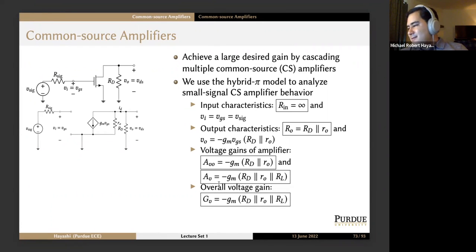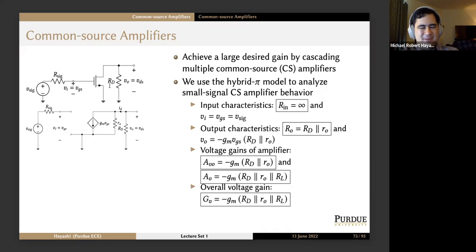Now on slide 73, I would definitely bookmark this slide as well, because it talks about the common source amplifier, our most common single transistor amplifier. On the top, you see what the small signal equivalent looks like before we substitute in one of our transistor models.